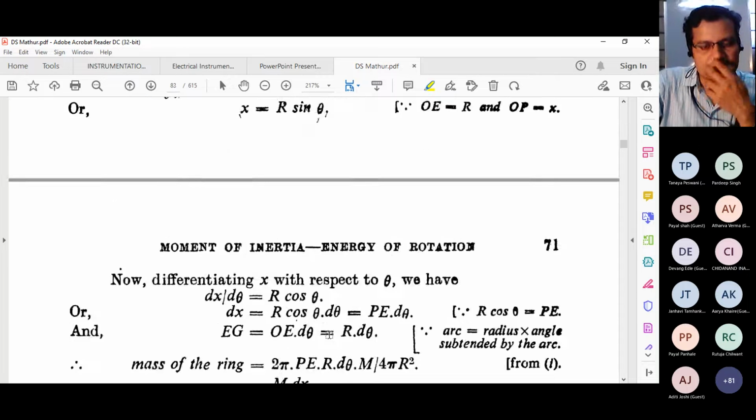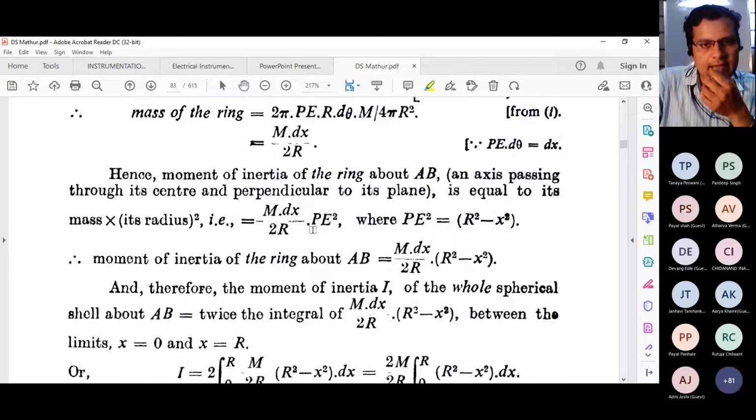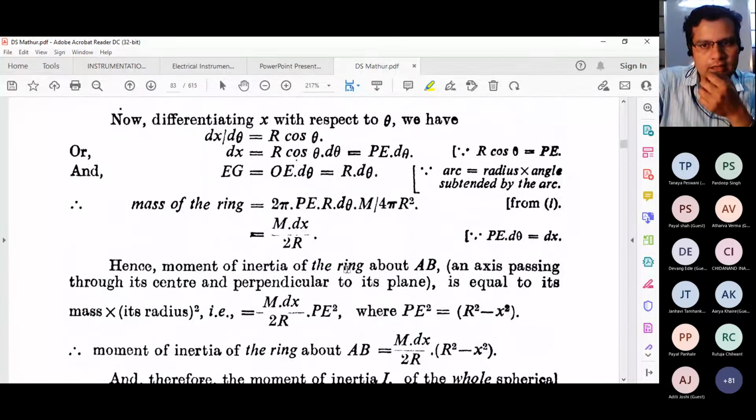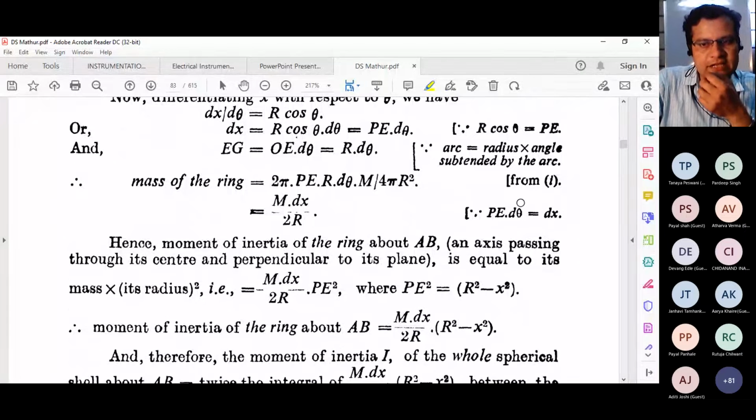PE and EG we substituted over there, and PE d theta you just write down as dx over there. Again the geometry, because it is 2 pi PE R d theta M upon 4 pi R square.